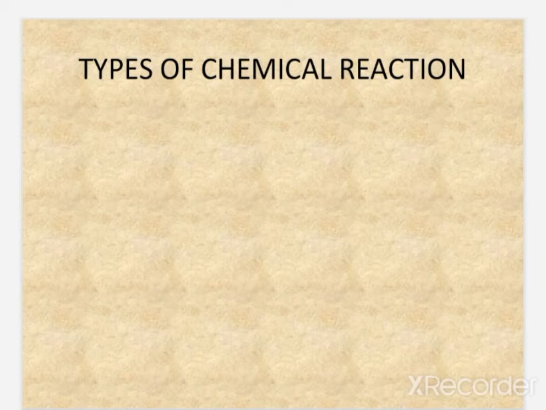Now we will be talking about types of chemical reaction on the basis of energy. Now what happens? Energy can be either broken to give something or to absorb the heat. That means what is the role of energy in a chemical reaction? It is involved in breaking the chemical bond between the atoms.